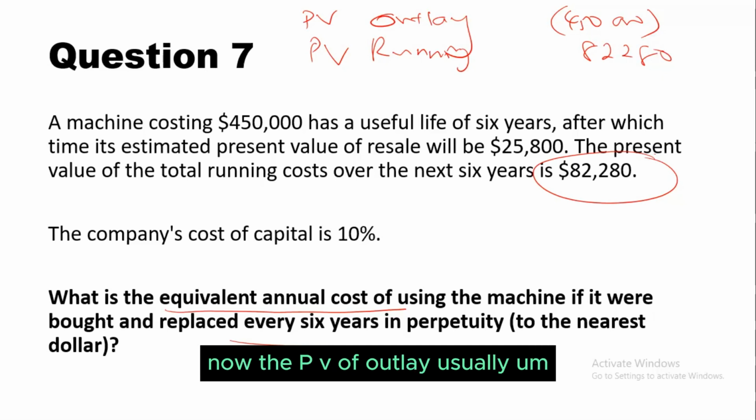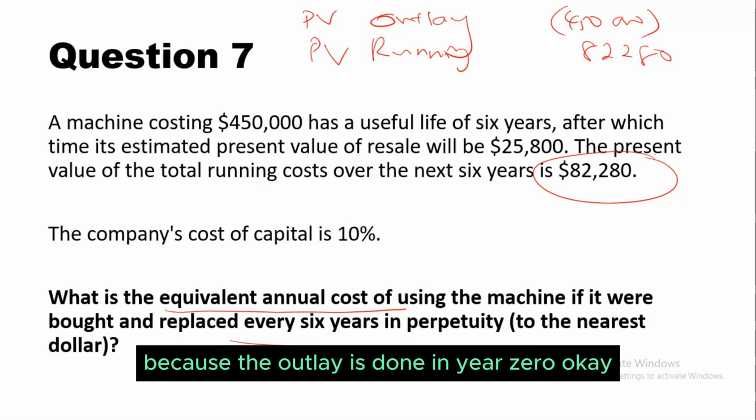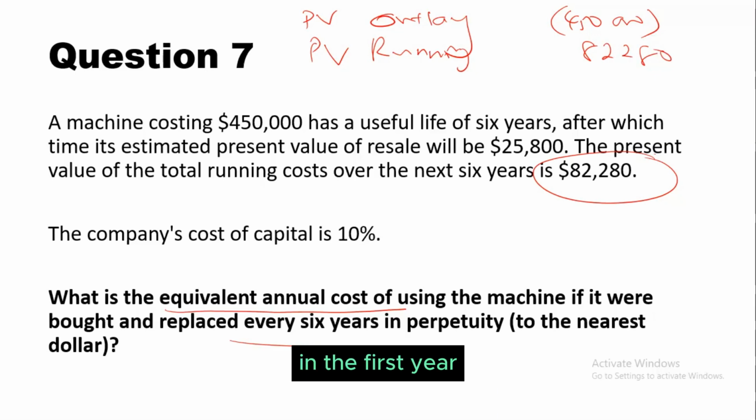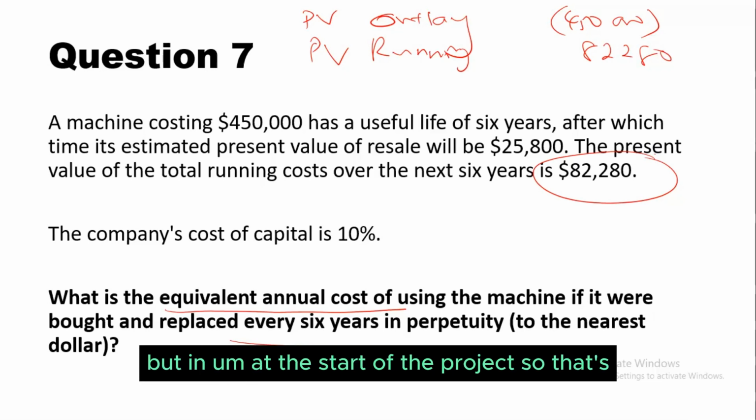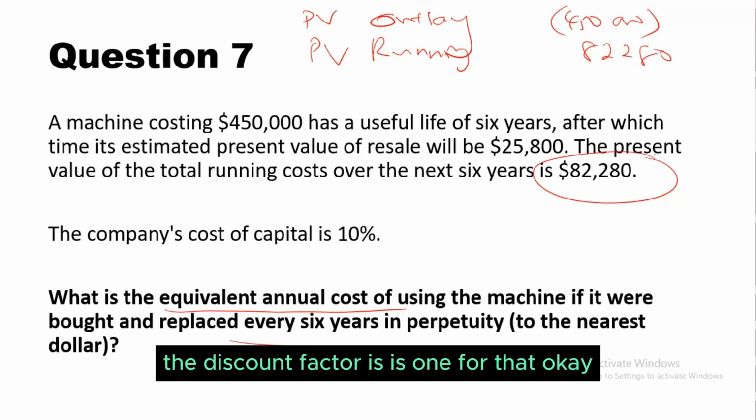Now, the PV of outlay usually is going to be the same figure because the outlay is done in year zero, at the start of the project. So the discount factor is 1 for that.